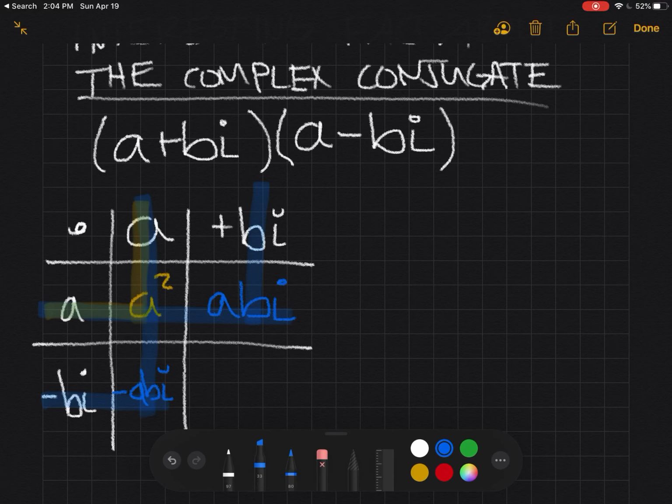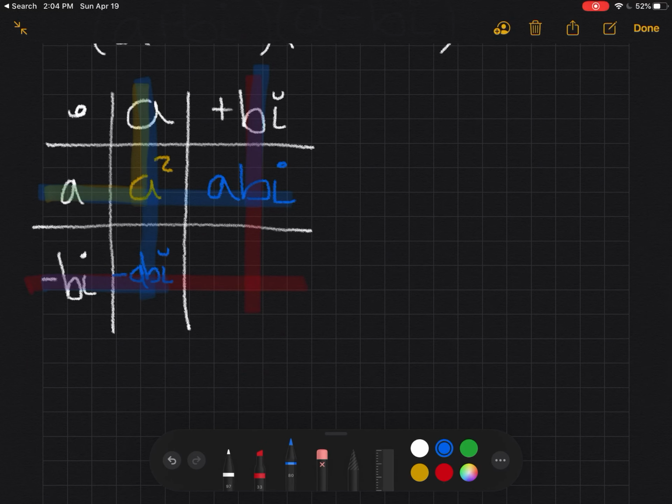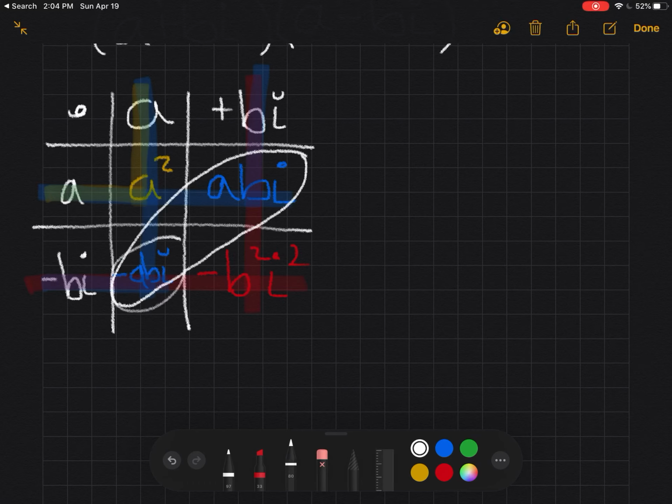And then I'll take negative BI and A, and that gives me negative ABI. And then I'll take, last but not least, negative BI and positive BI. And that's going to give me negative B squared, I squared.